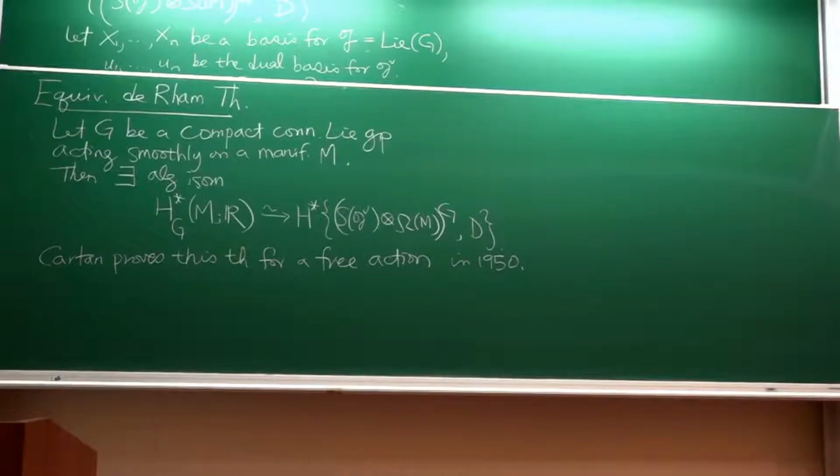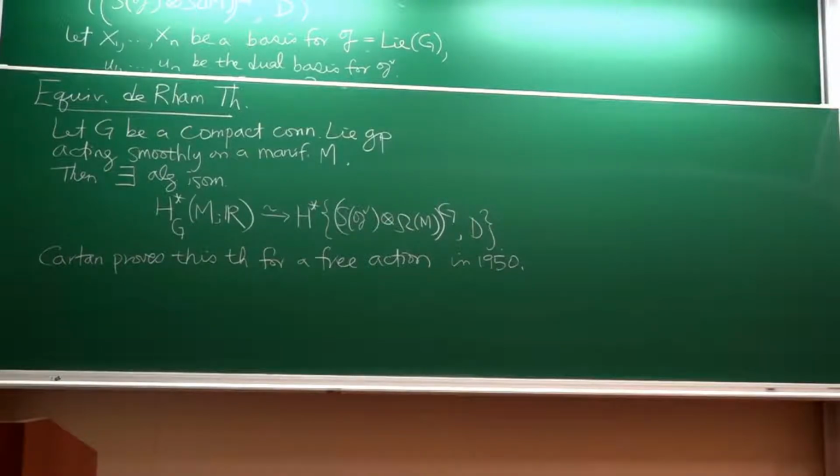So I had a student who wrote a master's thesis on the proof of the equivariant de Rham theorem, following the outline in Gilliman's book. And I think it is correct, but it's very long and it's different from Cartan's proof. Okay? So it's only this year that I think I understood what Cartan did.